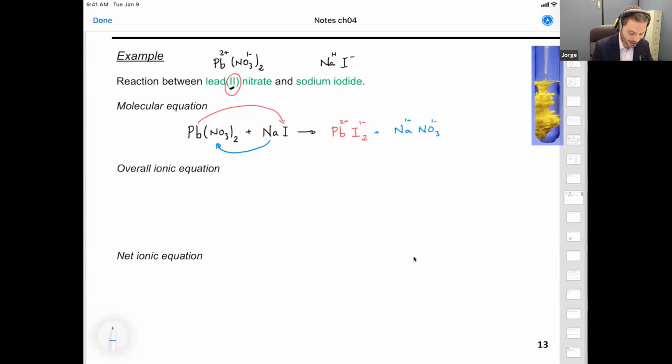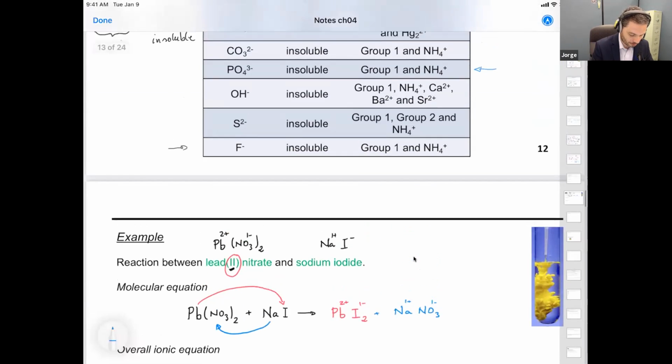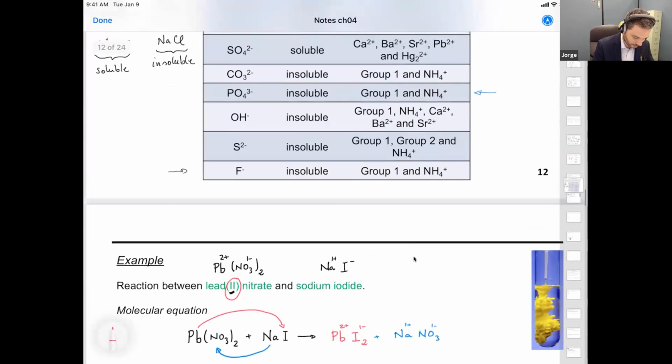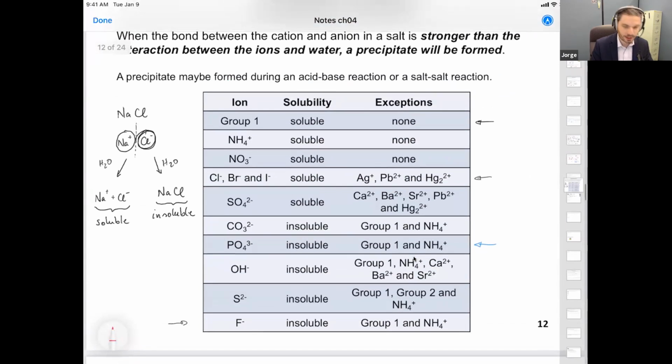Let's refer back to the solubility table. So let's analyze first lead iodide. So let's go back here. We may look for lead or iodide. Whatever we find in the solubility table is enough for us to classify this salt as soluble or insoluble.